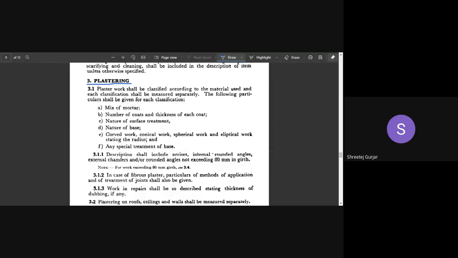The other 50% we assume is utilized for the cement plaster on the soffit of the opening and the sides of the opening. Whenever you have an opening, this is your sill part, the bottom part.